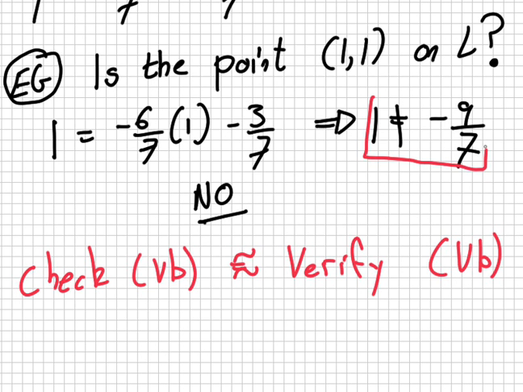In English, we say we verify (1, 1) is on the line, the point. The slightly different use of English is that you can use check, as in we check if (1, 1) is on the line. We could also say we verify if it is on the line.